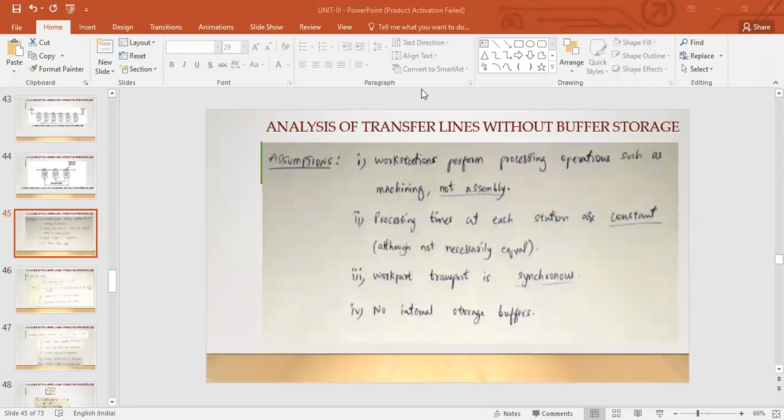What are the three types of work part transfer? Your first one was continuous, right? I gave you the example of beverage bottle filling, right? That's your continuous. The second one was synchronous, isn't it? And the third one was asynchronous.